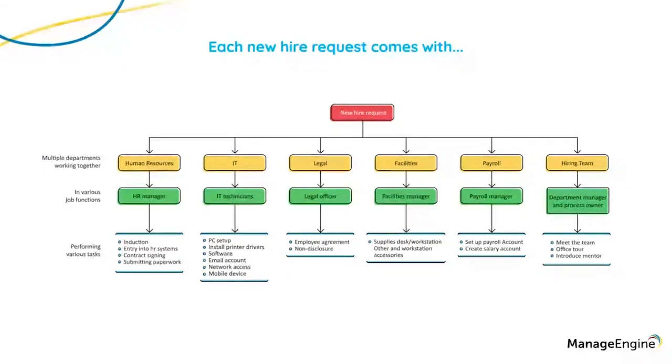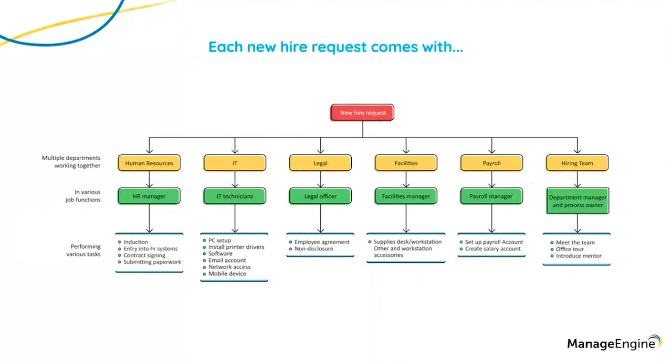So there are several departments that are going to be working in tandem for the new hire to be hired completely into the organization. So on the slide, I would like to draw your attention to the blocks under the green blocks. Those are the tasks. Each team, each department has all these tasks, and each of these tasks might be done by a different person.